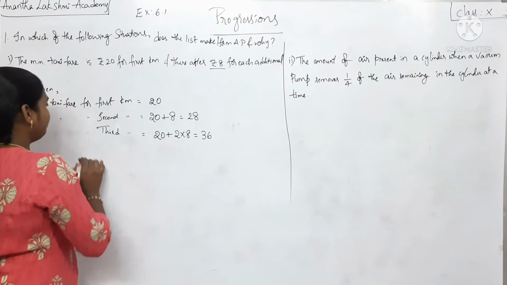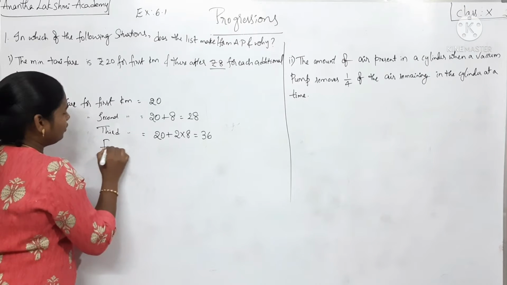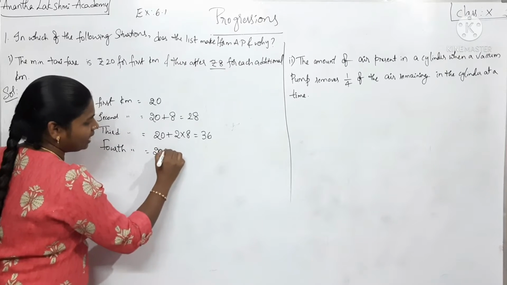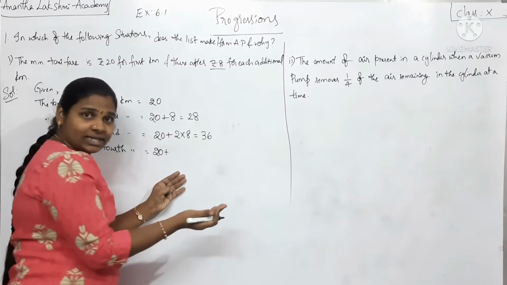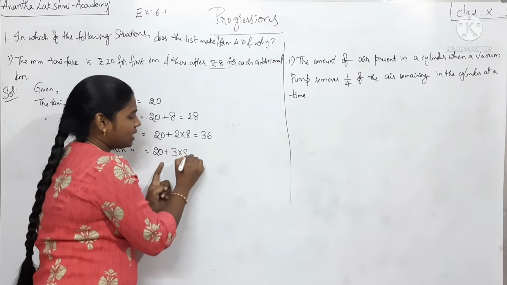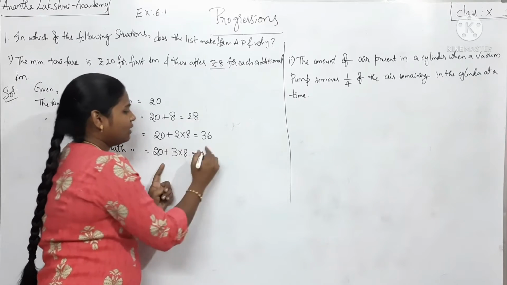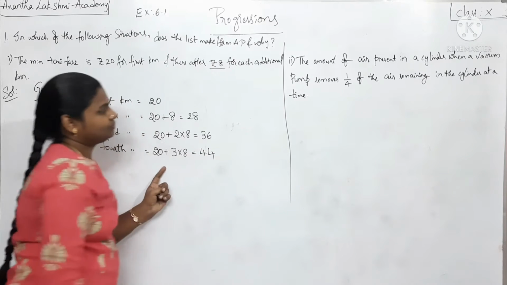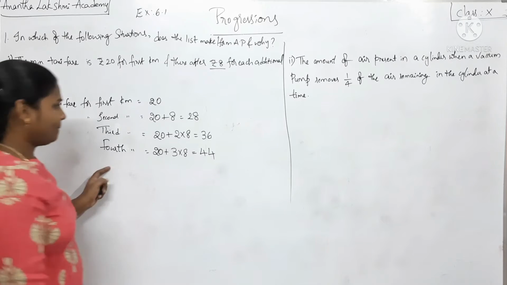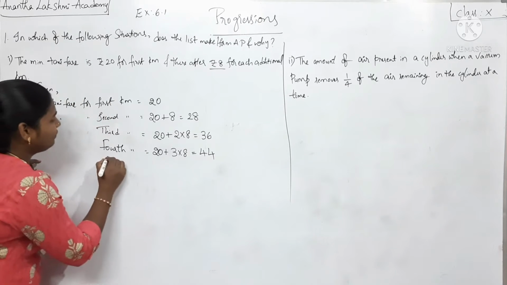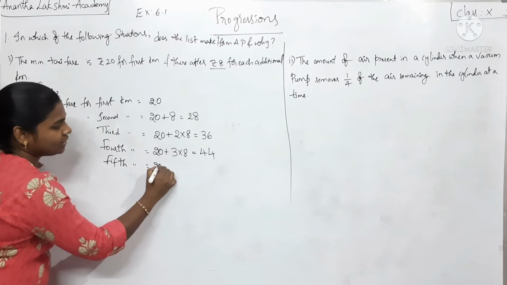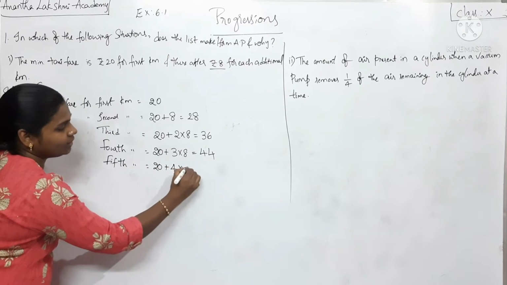And for the fourth kilometer, this is the first kilometer fare plus how many extra kilometers are we traveling other than the first kilometer? 3 kilometers of additional charge. 3 8s are 24. This becomes 44. And for the fifth kilometer, I calculate 20 for the first kilometer and the additional charge for the rest of the 4 kilometers.